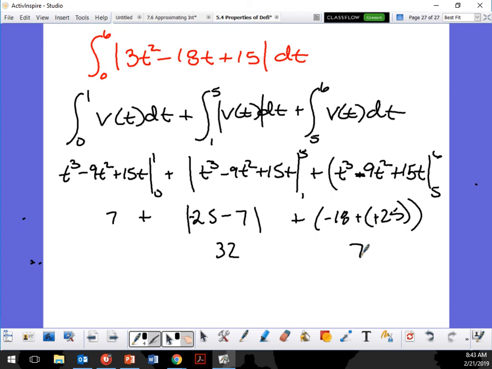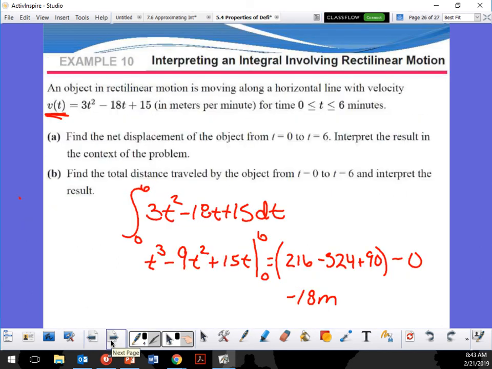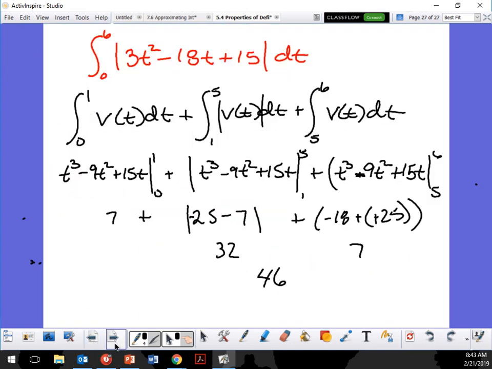So I have 7, 7, and 32. So 14 plus 32 is 46. But what did we ask for? Displacement. This one asks for the total distance traveled. So my total distance is 46 meters.